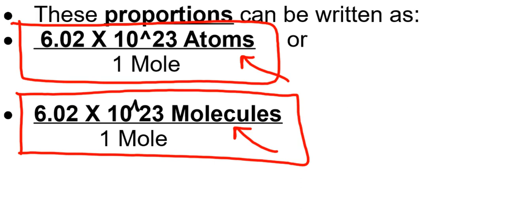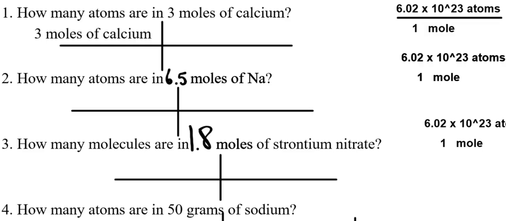Now it's time to apply this using the picket fence. We always, once we find proportions, can use them. And remember, we could flip this if we need to, up or down, and that wouldn't change anything specifically. So here we go. These are the problems right there on the page, so just please follow along with me. It says, how many atoms are in 3 moles of calcium?